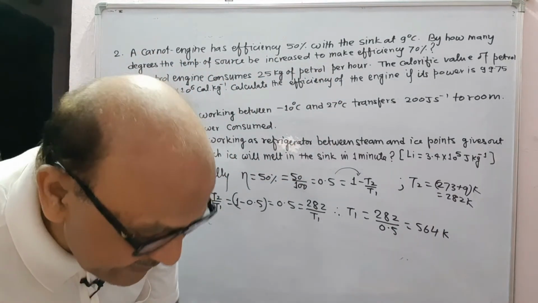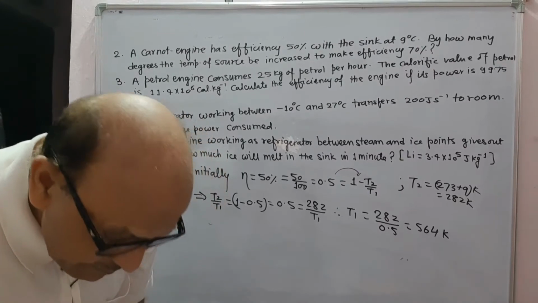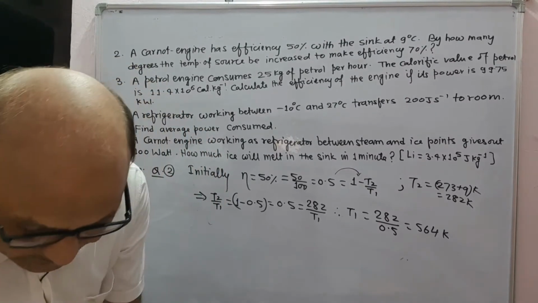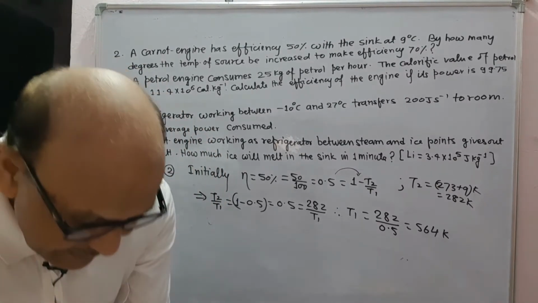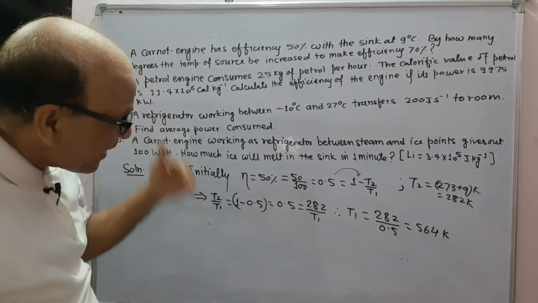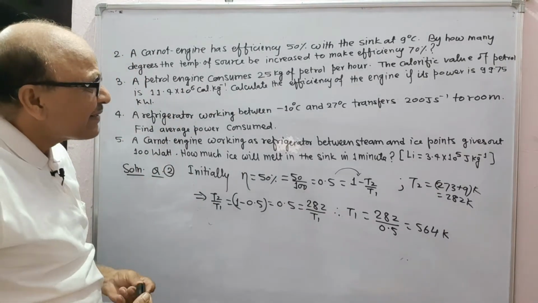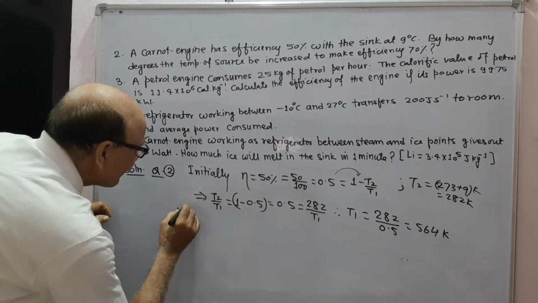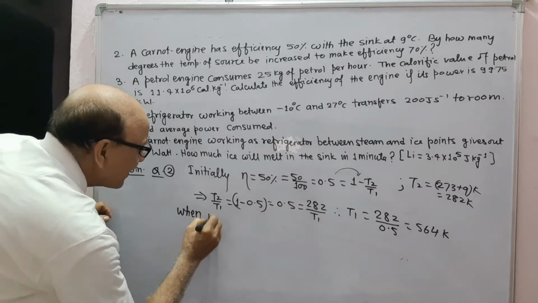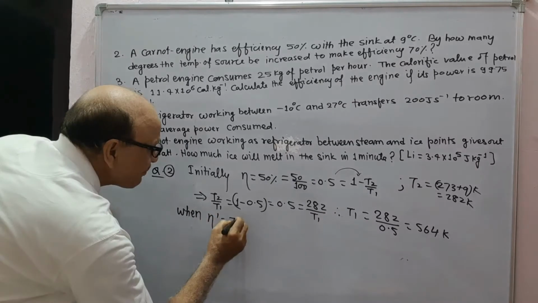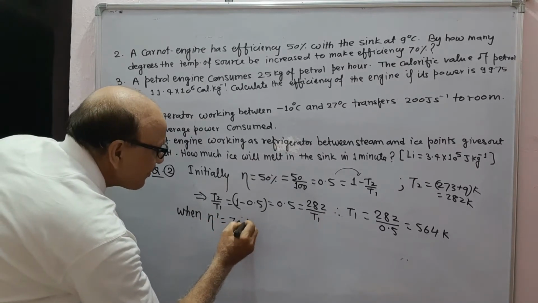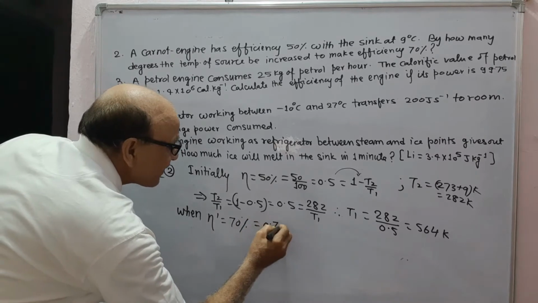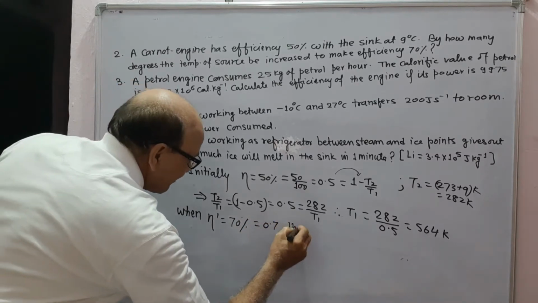So initial temperature is 564 Kelvin, and when efficiency is made 70%, then eta dash is 70% means 0.7.